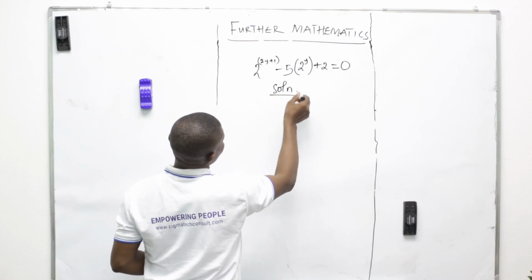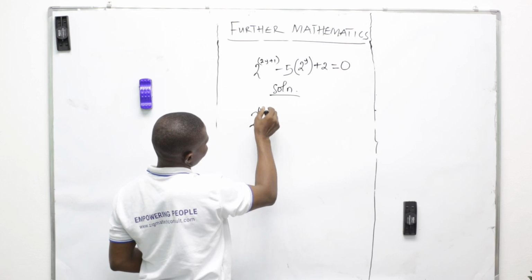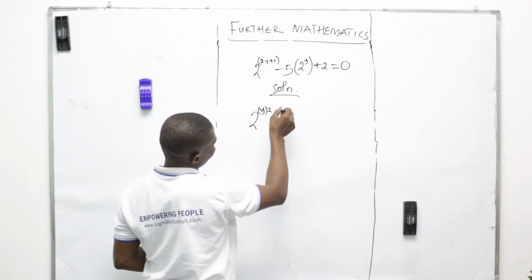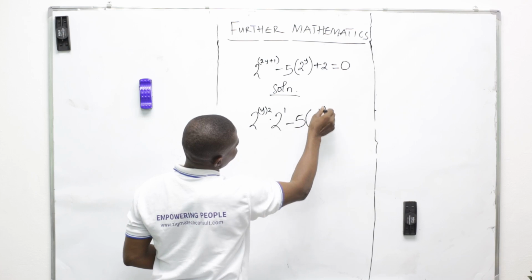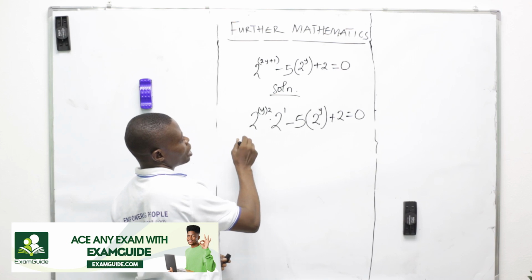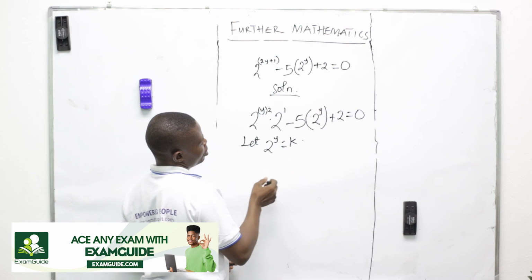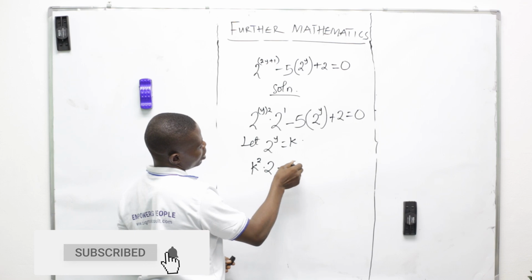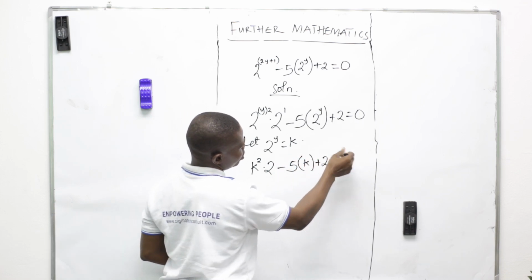From indices, we can simplify this by saying 2 raised to the power y, all squared, dot 2 raised to the power 1, minus 5 into 2 raised to the power y plus 2 equals 0. Now let 2 raised to the power y equal k, so that k squared dot 2 minus 5 into k plus 2 equals 0.